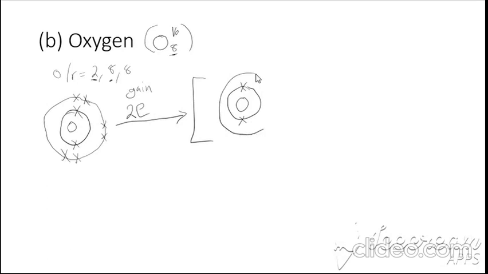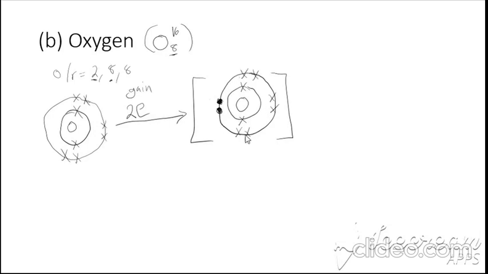Then like that, 2 there, 2 here, and then 2 here. So oxygen, it's gaining how many? 2. It must gain 2 electrons. So I'm going to show 2 electrons here, like this. So it must gain 2 electrons. And then this one, it's even satisfied.